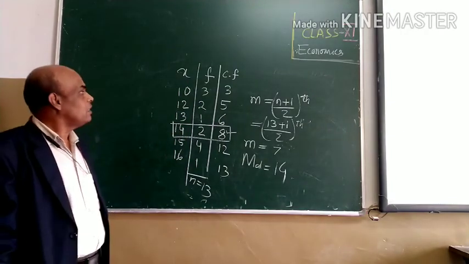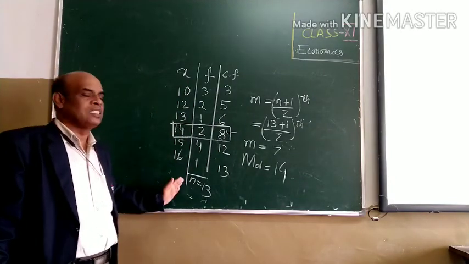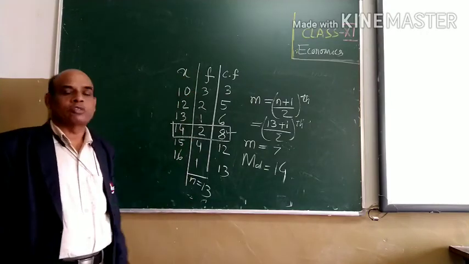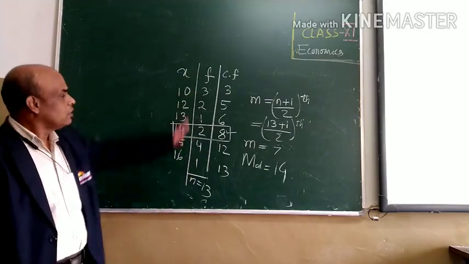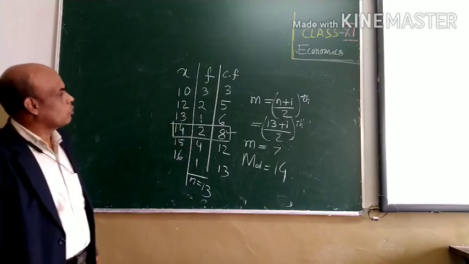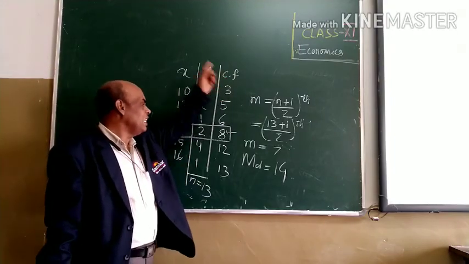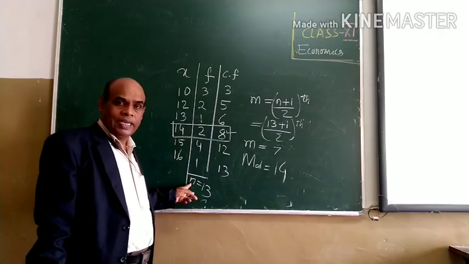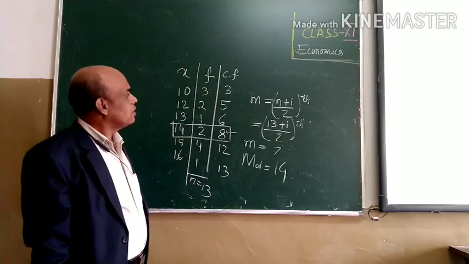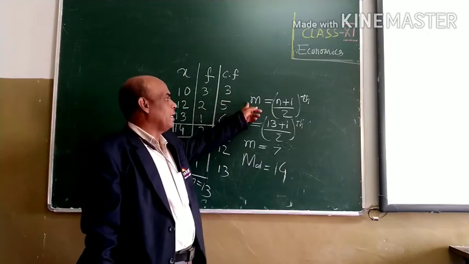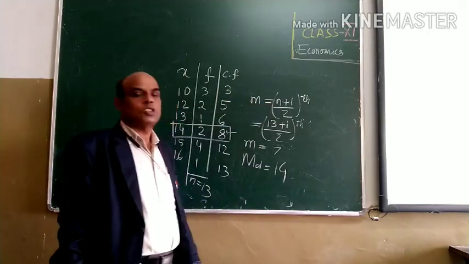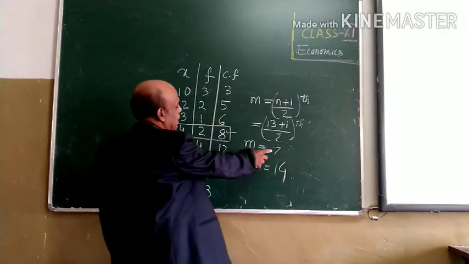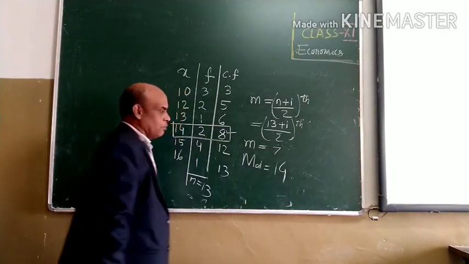So in this way, if discrete data and frequency are given, this is the method to find the median. First you have to detect the cumulative frequency, then the total summation of F. For the middle point you have to remember n plus 1 by 2, n means 13, so you will get the value 7.